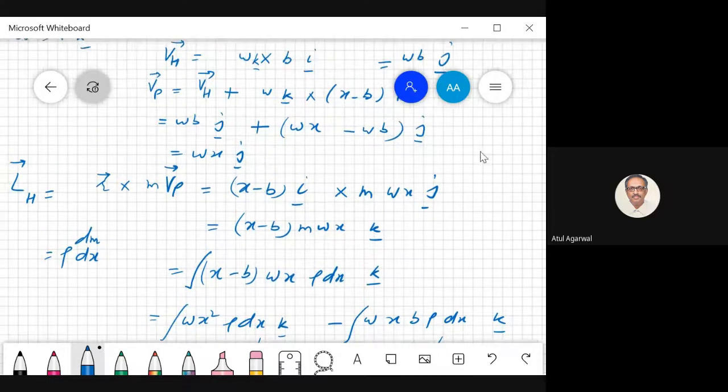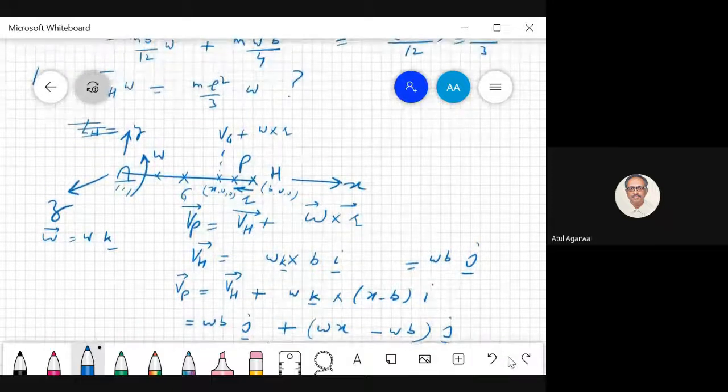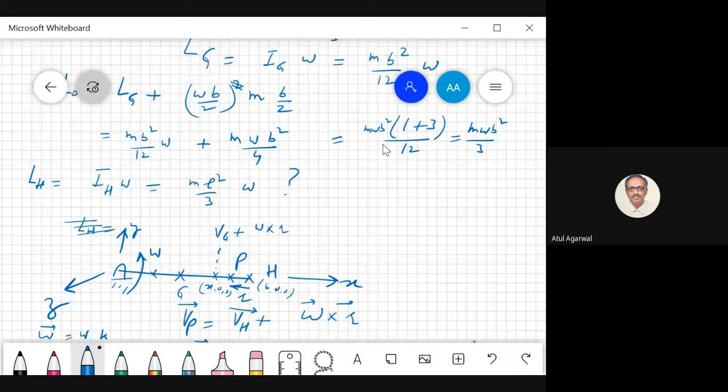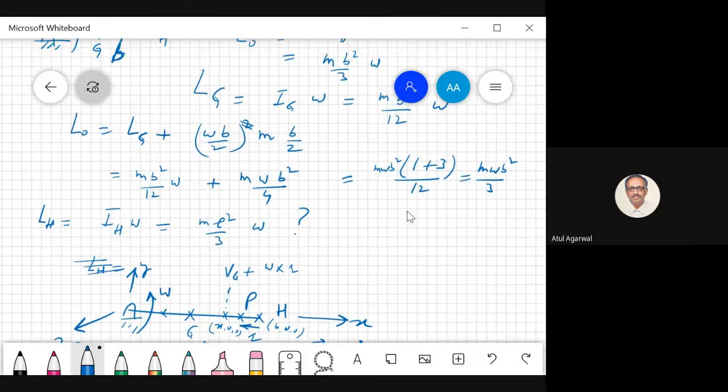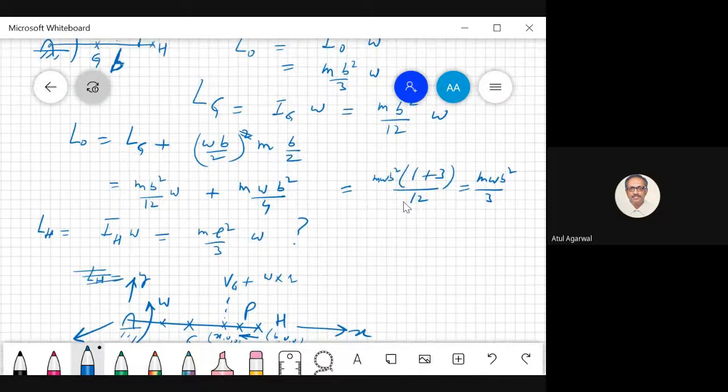Okay. Now let us see the values. Earlier you were having m l square by 3. For IO, your answer was m b square by 3 omega. For IG, your answer was m b square by 12 omega.